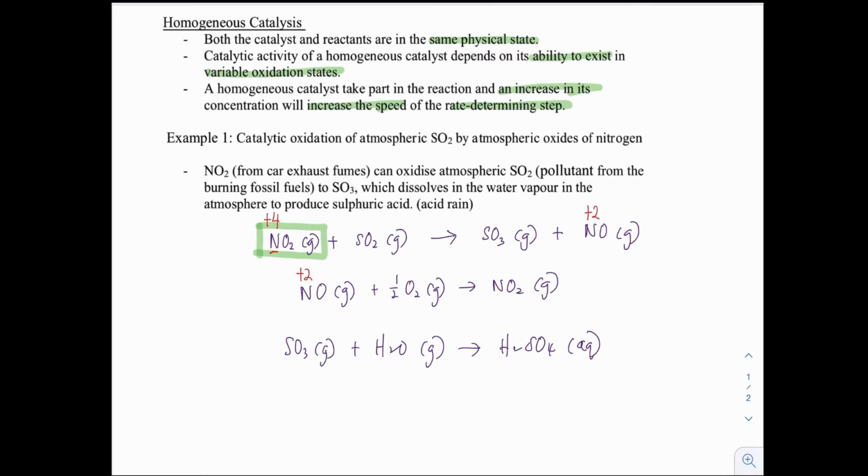Here plus 2, here plus 4. You will see that for this homogeneous catalyst, the activity depends on the ability to exist in variable oxidation states. That means it is able to change the oxidation number, but in the end of the day, the oxidation number will be restored back. So this is how a homogeneous catalyst works.